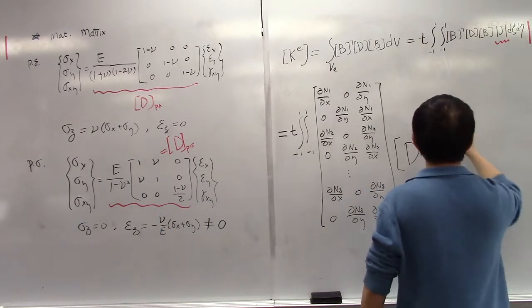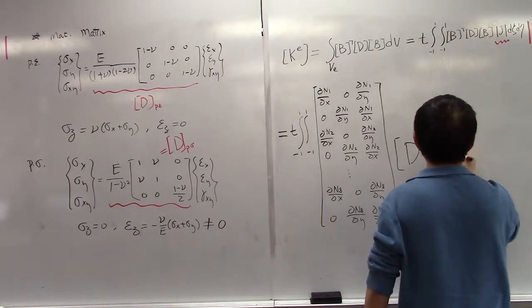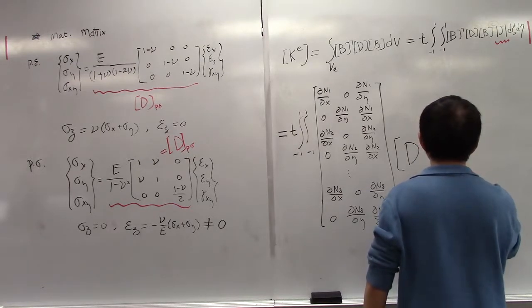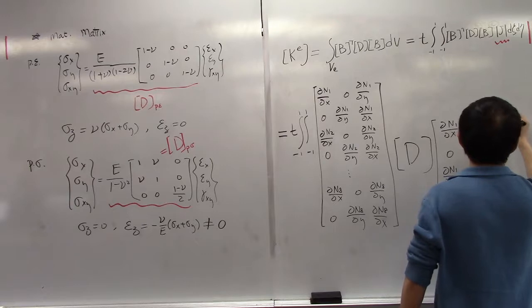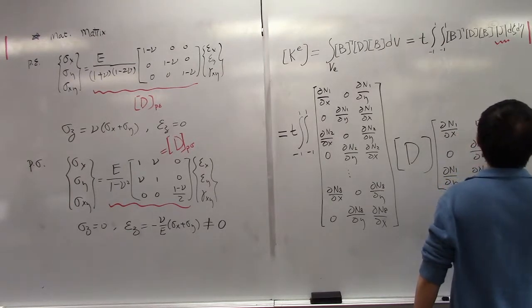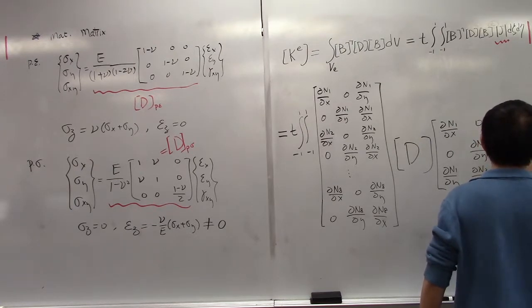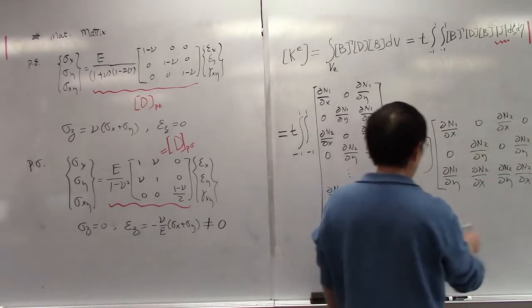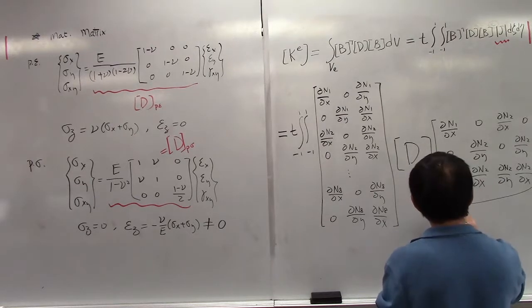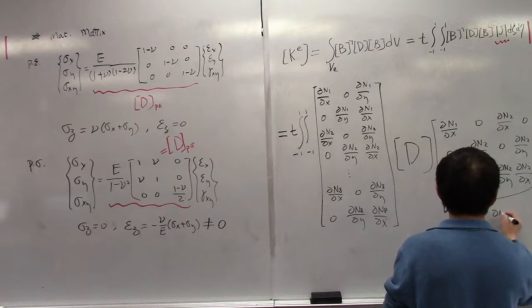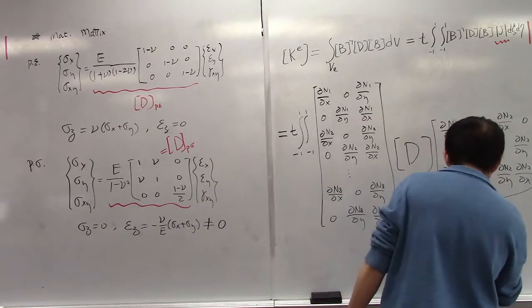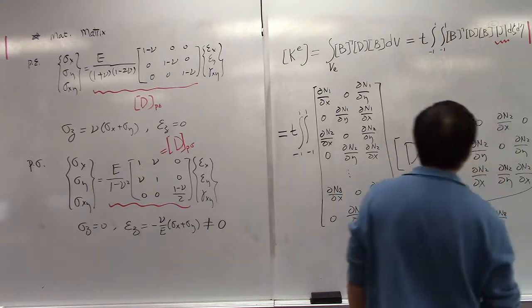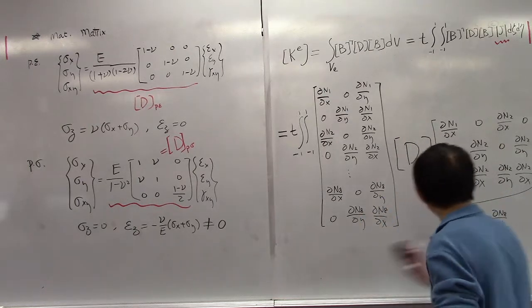The B matrix this time is 3 by 16. So partial N1, partial X, 0, partial N1, partial Y. 0, partial N2, partial Y. Partial N2, partial X. And then partial N2, partial X, 0, 0, partial N2, partial Y. Partial N2, partial Y, partial N2, partial X, etc. And the last one, I don't have enough space here, so partial N8, partial X, and then 0, partial N8, partial Y. And then here will be 0, partial N8, partial Y. This one.